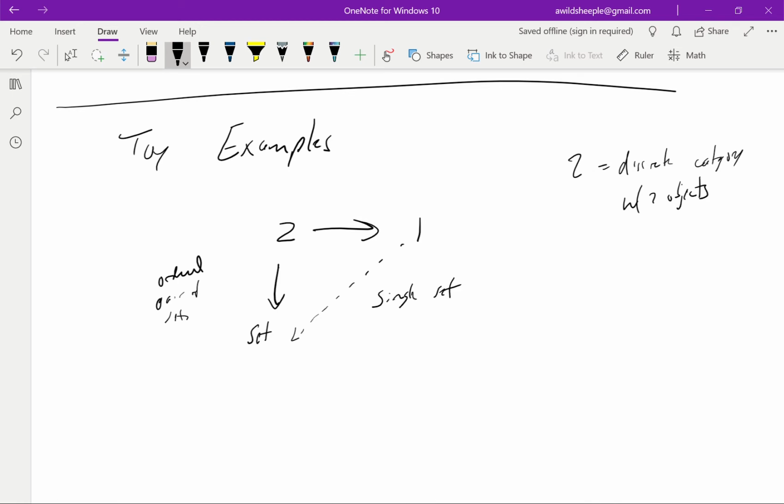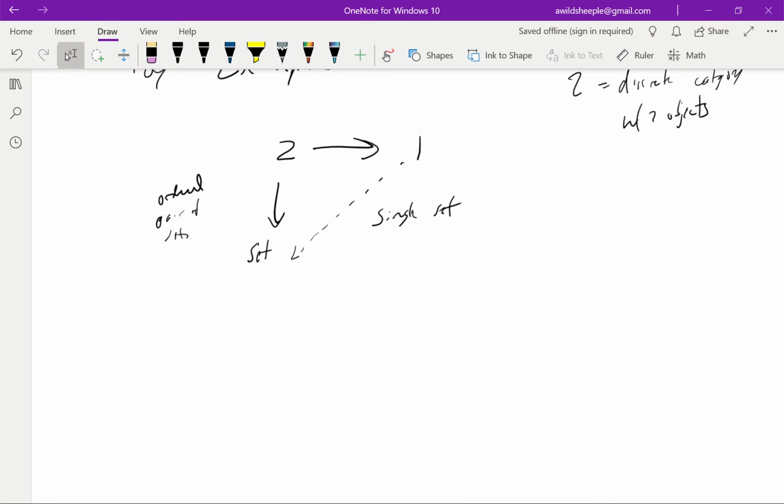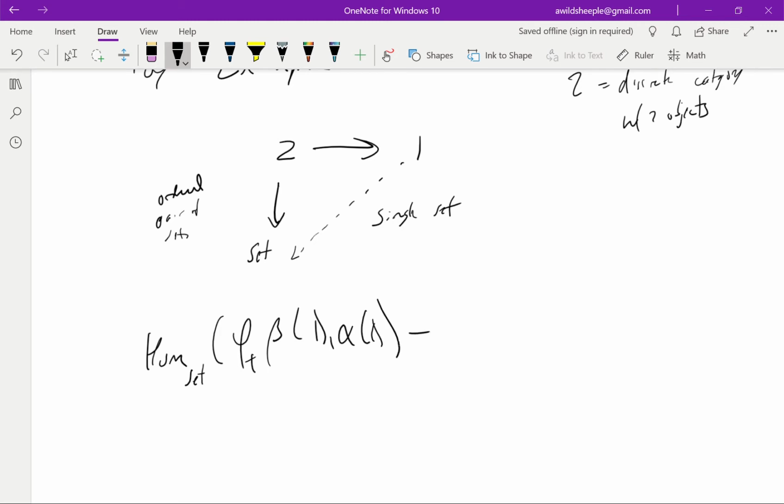Now what I need to do in order to construct such an adjunction is satisfy certain formulas. If I label some of these functors, maybe we'll call them alpha and beta, then the construction that I need is Hom in Set, and then here we end up in the product category, Set cross Set.